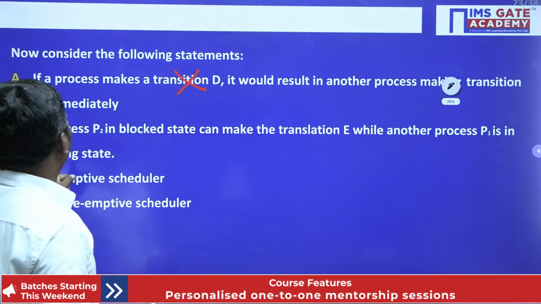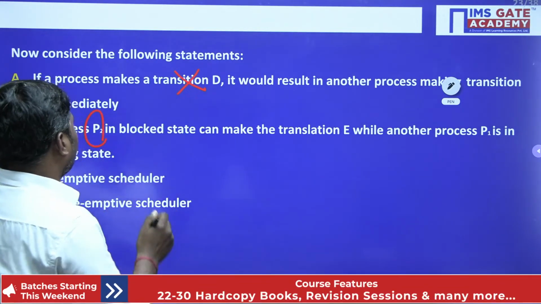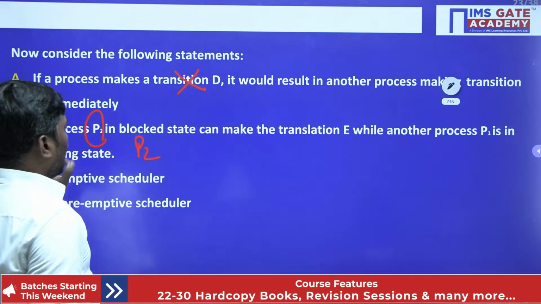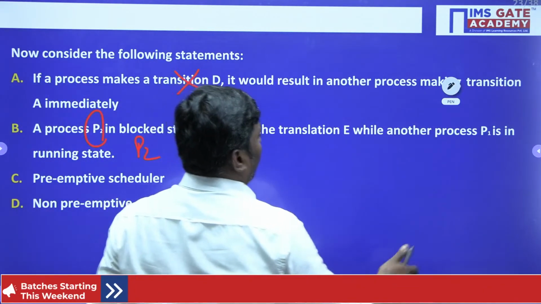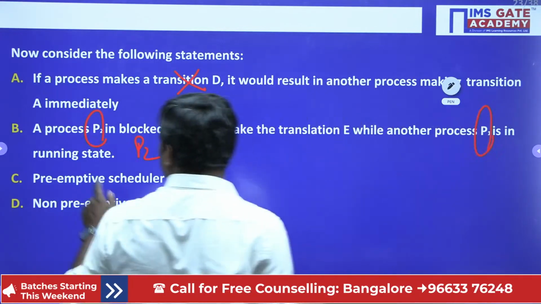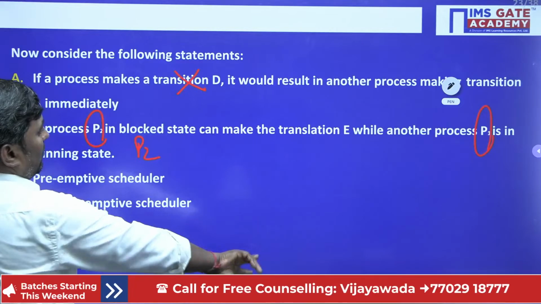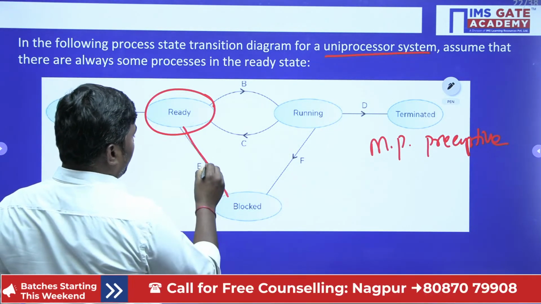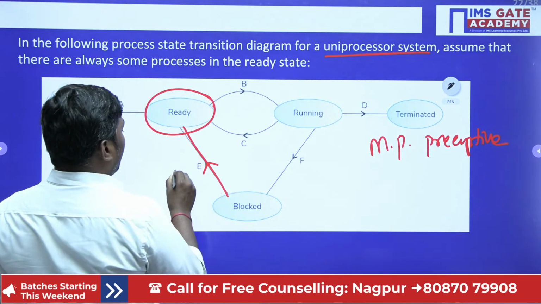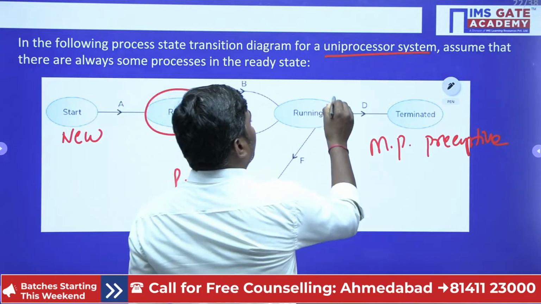Now option B: a process P2 in blocked state can make a transition E while another process P1 is in running state. A process making transition E means blocked to ready, process P2 is moving while another process P1 is running in the CPU.